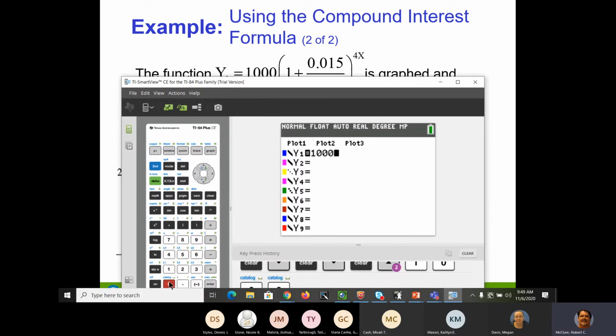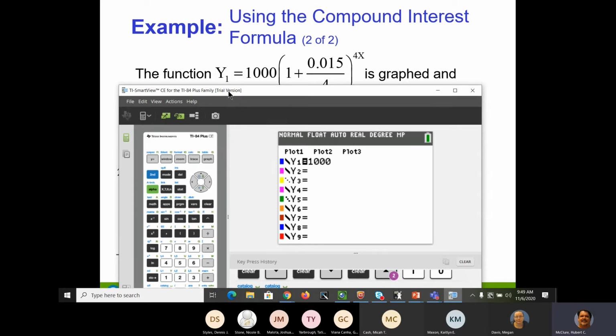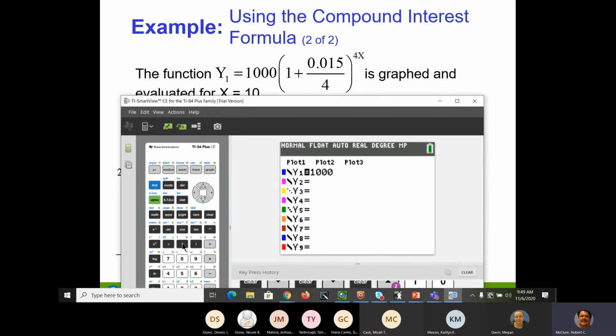1,000 times parentheses 1 plus 0.015. I got to move it up.